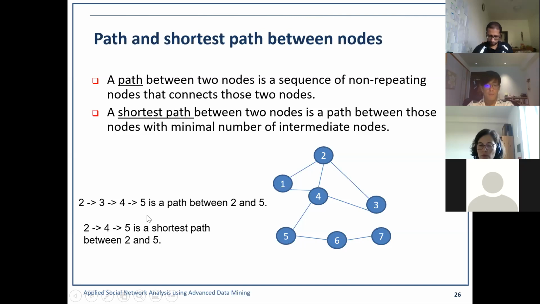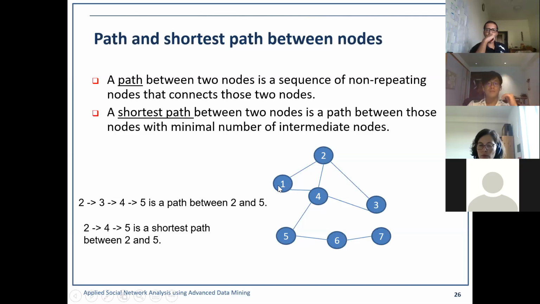Important to mention here is the word "a" shortest path: the shortest path is in general not unique. There could be several shortest paths between two nodes. For example, the shortest path from 1 to 3 is not unique.